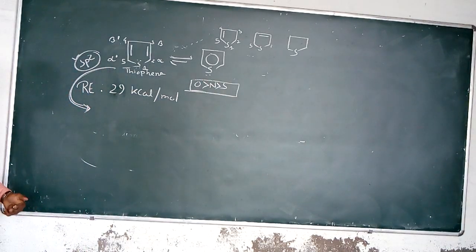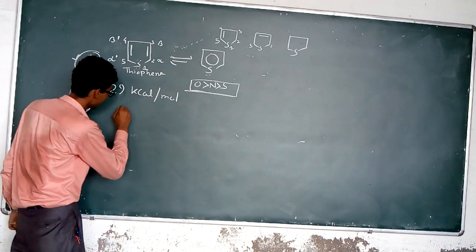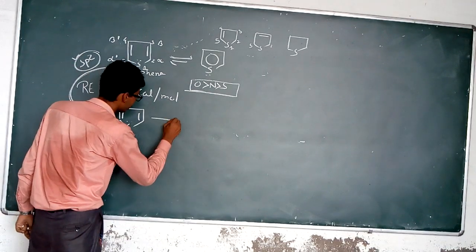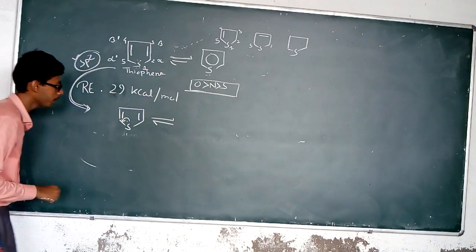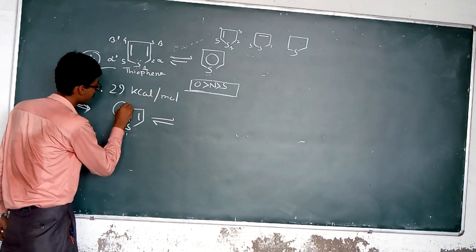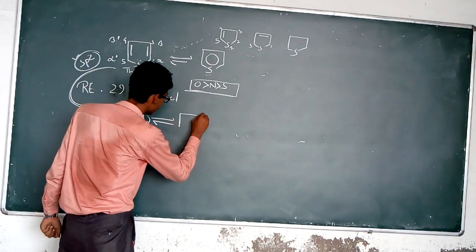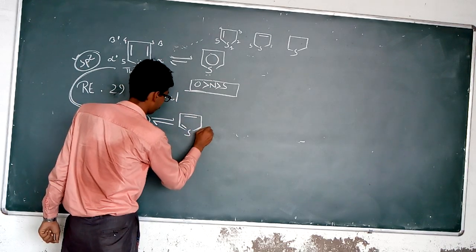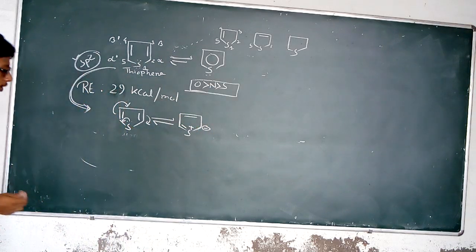If you go through the resonance of thiophene, we can consider that thiophene contains two lone pairs, and a lone pair becomes a bond at that position, and this bond moves upward, and a negative charge is generated here and sulfur becomes positive.